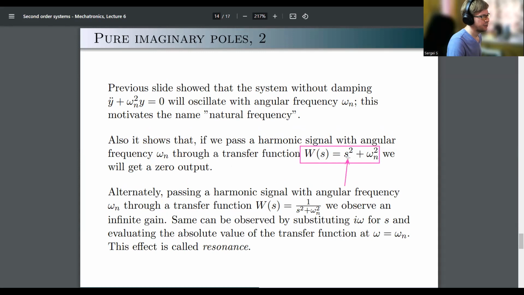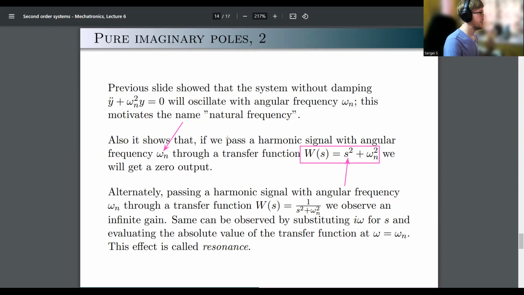We replace s with i times the frequency variable, and this frequency variable is the frequency that we analyze. Let's put omega n instead of the frequency variable. So it'd be (i omega n) squared, but i squared gives you a minus sign. So it will be minus omega n squared plus omega n squared.